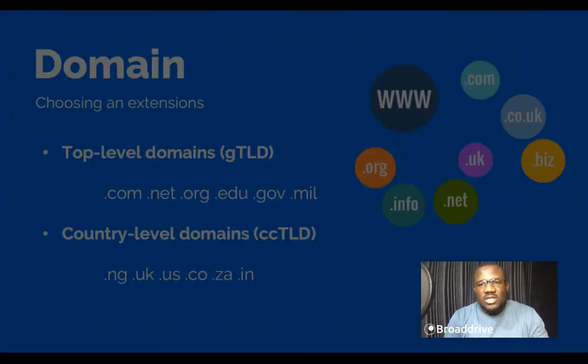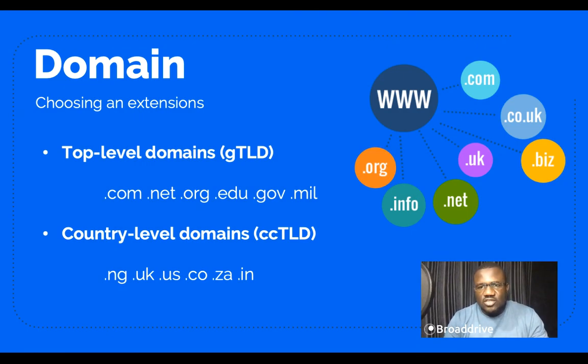But understand something about domains and their extensions now. There are top level domain extensions like the .com, .net, .org, .edu, .gov, .mil. These are general domain extensions. Anybody can use them. However, there are country level extensions also where you have .ng, .uk, .us, and all of them are available to you.